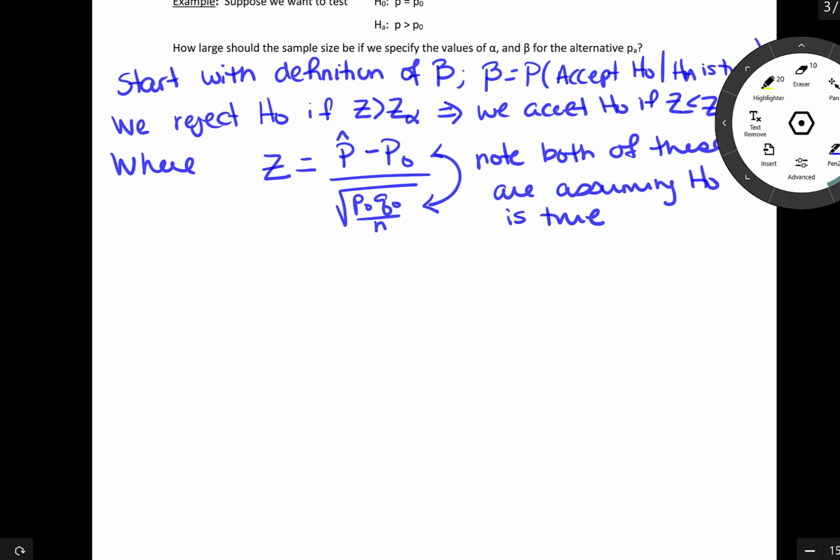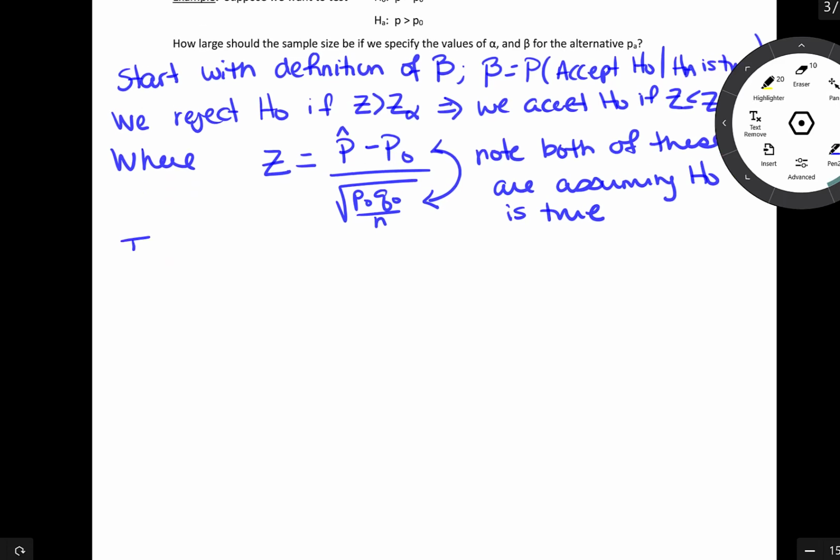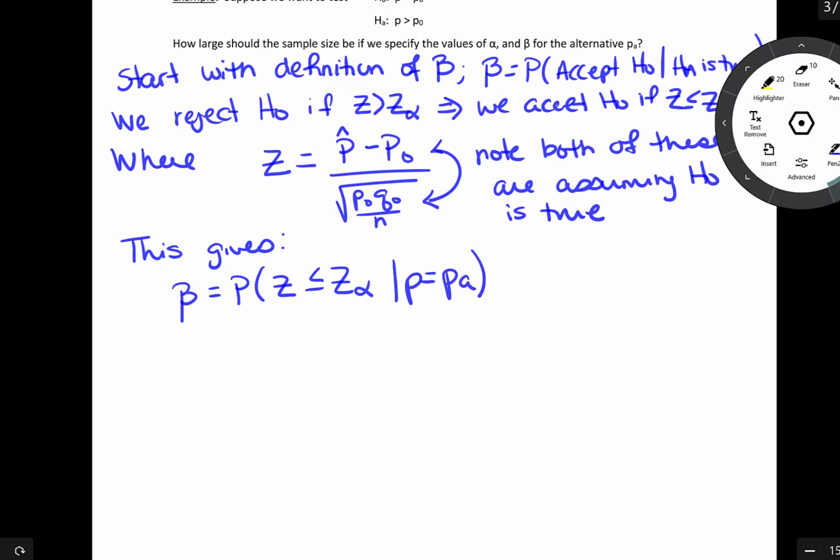Okay? So using this, we're going to have the following. So the first thing that I want you to notice here is the conditional information is on HA being true, and that's because of the definition of beta.